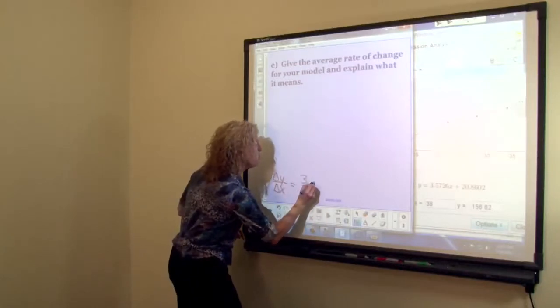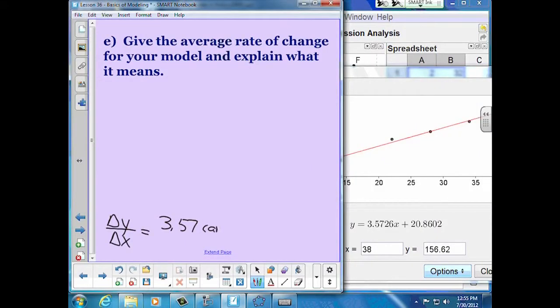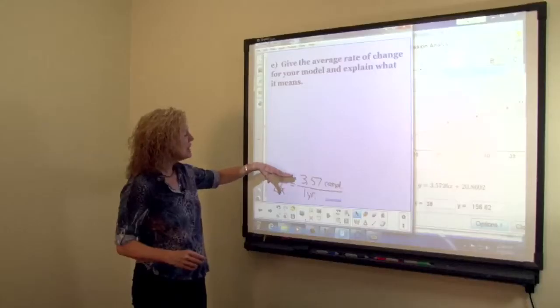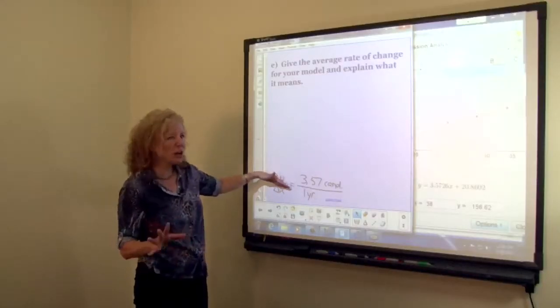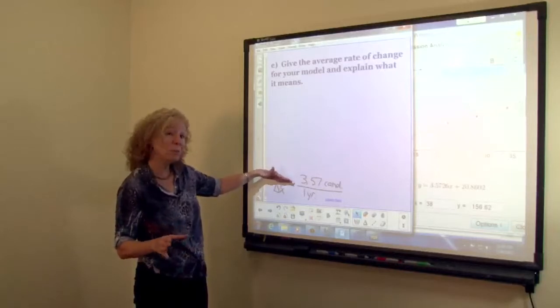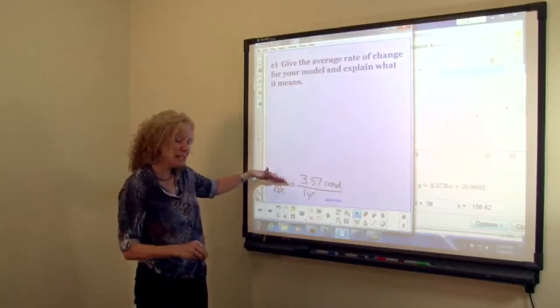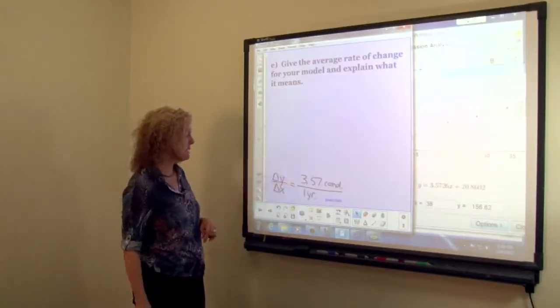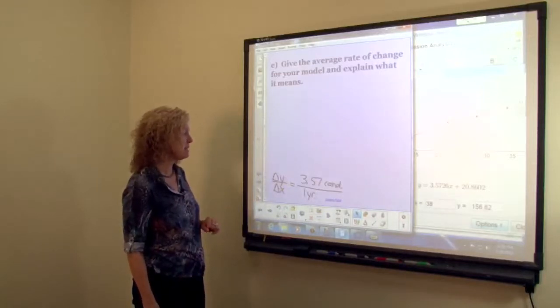So I have 3.57 female candidates over, and the delta x is years, essentially years since 1972. So in essence, that average rate of change is saying I have about 3.5 more women candidates each year after 1970. Okay?